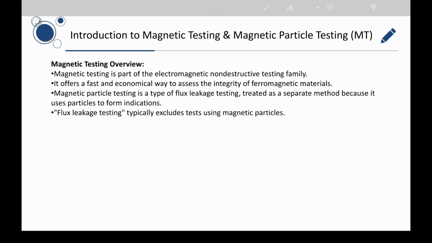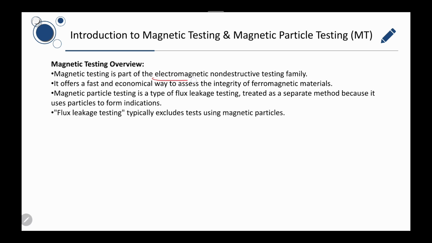What is magnetic testing or MT? Well, it's a very important member of the electromagnetic non-destructive testing family. This means we are dealing with magnetic fields and electricity to find defects without causing any damage to the part itself.